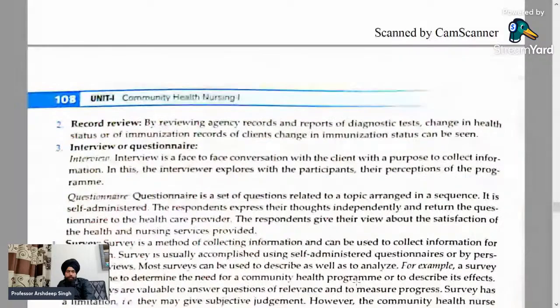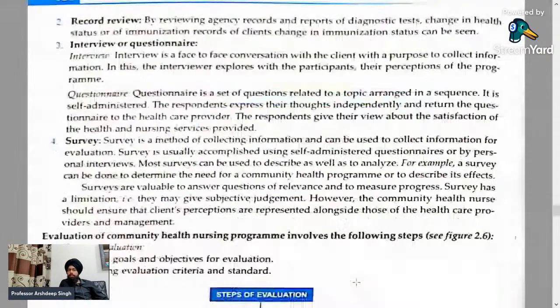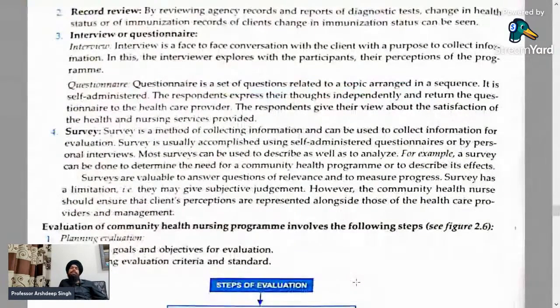Okay. Next, you can perform different types of surveys. For example, if we have planned the nursing diagnosis for the whole community, then you can use this method, that is survey techniques.